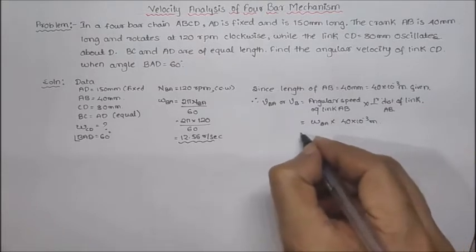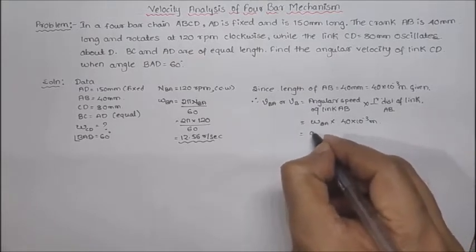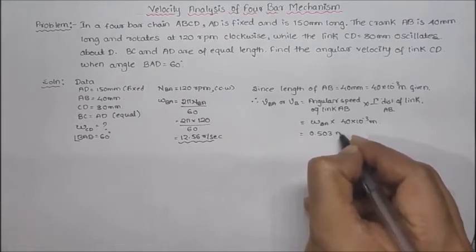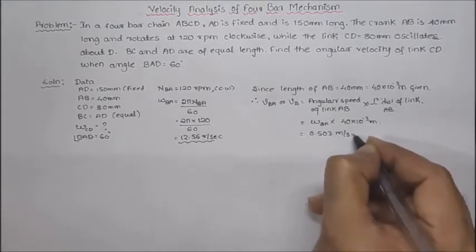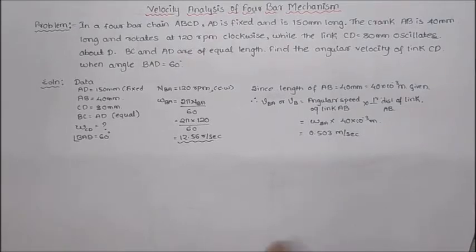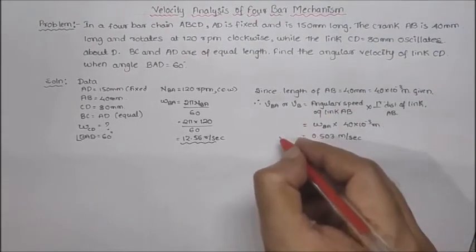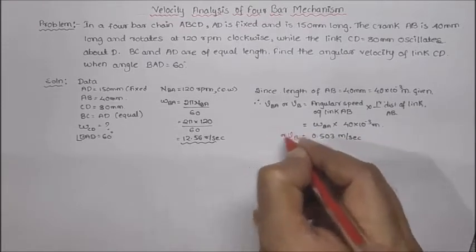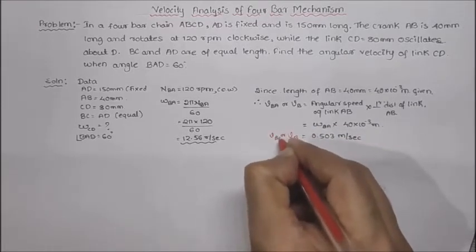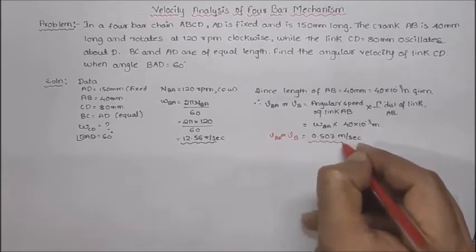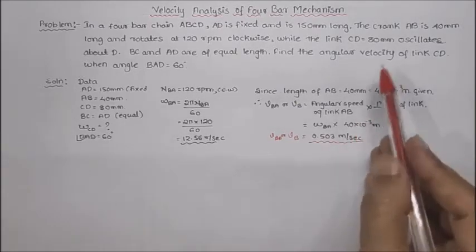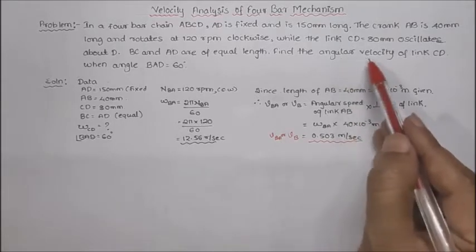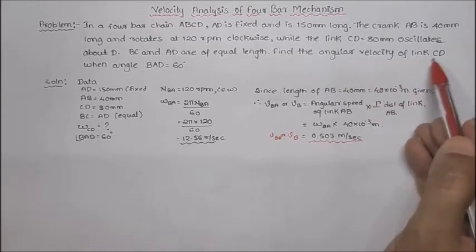So we'll be getting 0.503 meter per second. So this is velocity of B or velocity of BA. So this has to be remembered. Like this, from velocity of BA, you have to find out the angular velocity of CD.